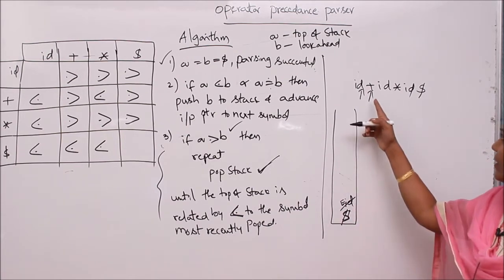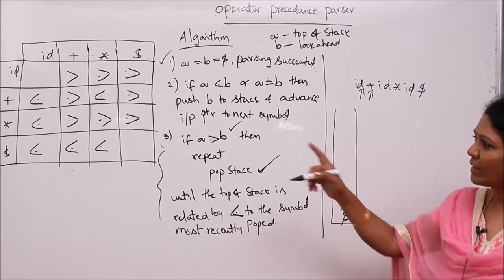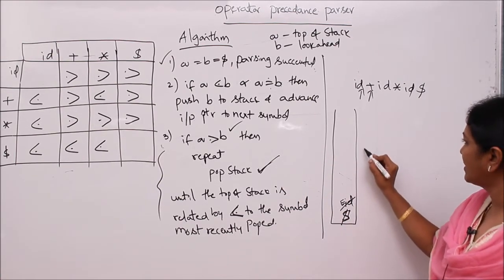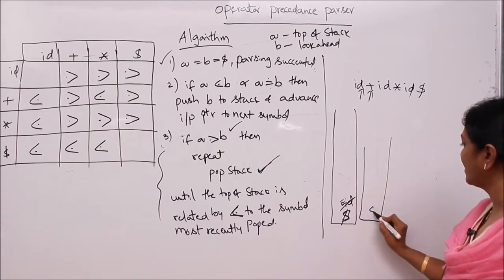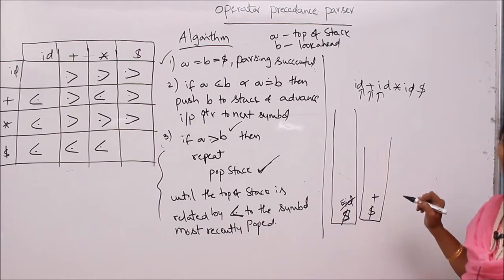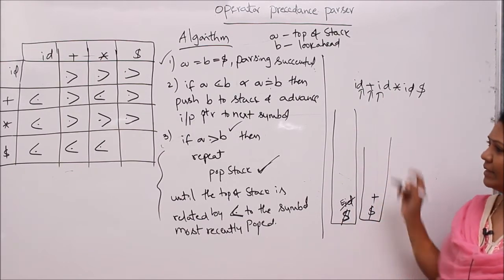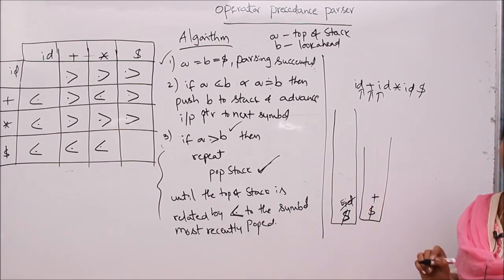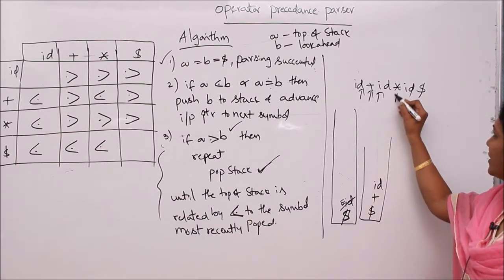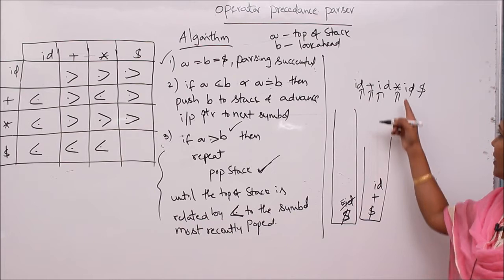Now dollar on plus. What is dollar on plus? Less precedence. That means whenever it is a less precedence, push it onto the stack and increment the input pointer. Now plus on id. What is plus on id? Once again less precedence. That means push and increment. Now id on star.